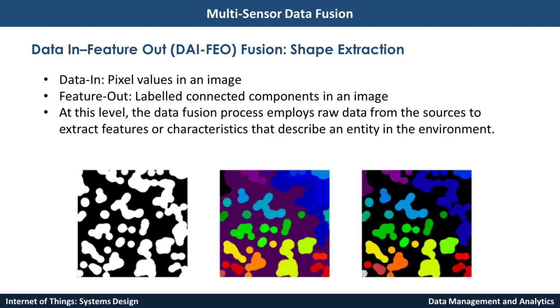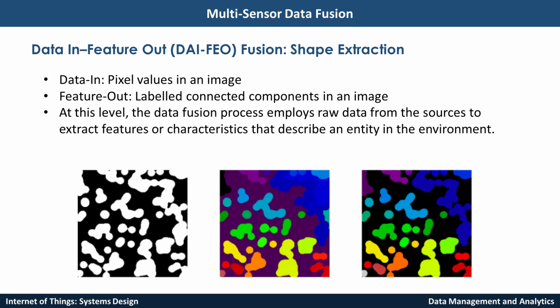This is the second type of data fusion, data in and feature out. We also call it feature extraction or shape extraction. Basically you input the data and it will extract important features out of that.